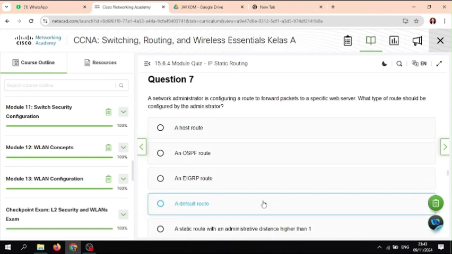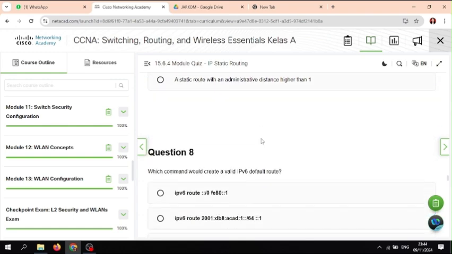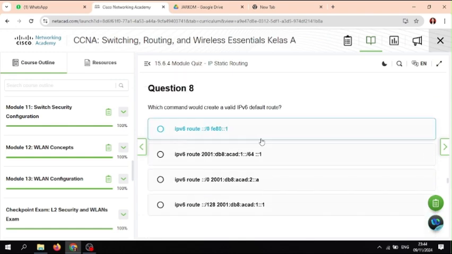A network administrator is configuring a route to forward packets to a specific web server. What type of route should be configured by the administrator? A host route.